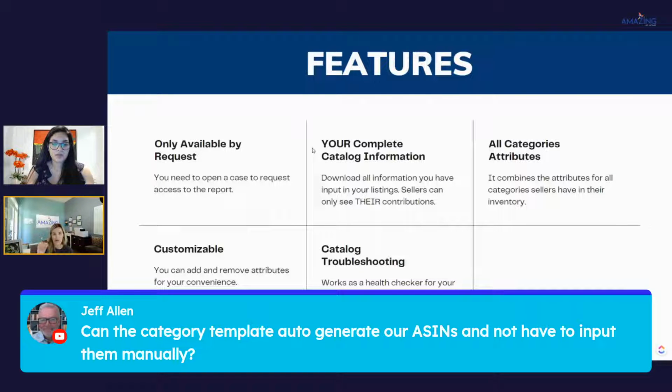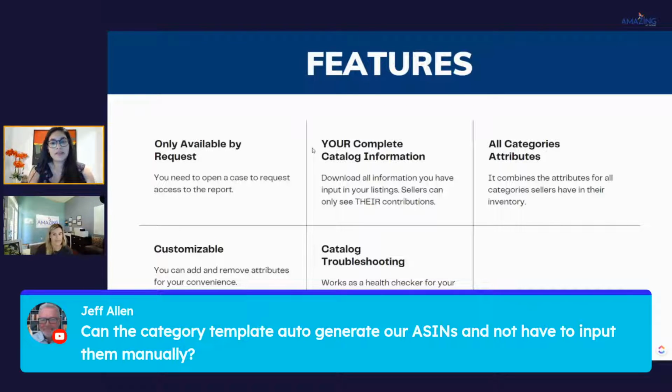So that's a great way to update your listings, right, Vanessa, if he wants a template that already has all the information in it, so he doesn't have to type it into a blank inventory file. It's a great way to do it: download the category listings report, update those attributes there, and then upload that in the inventory file.